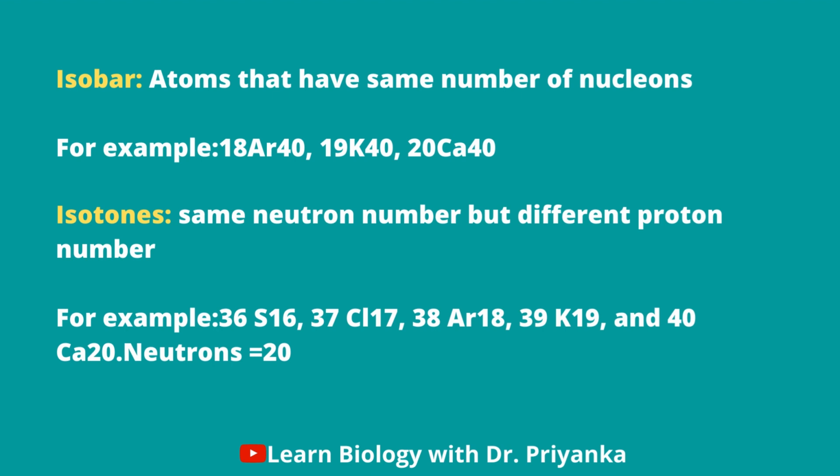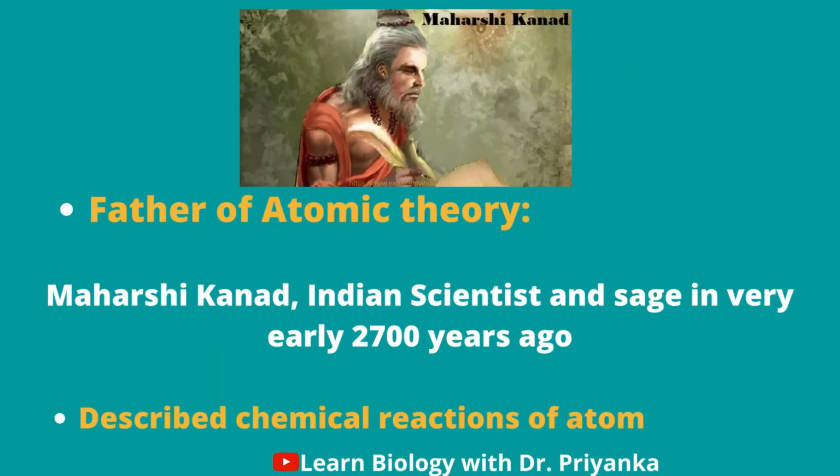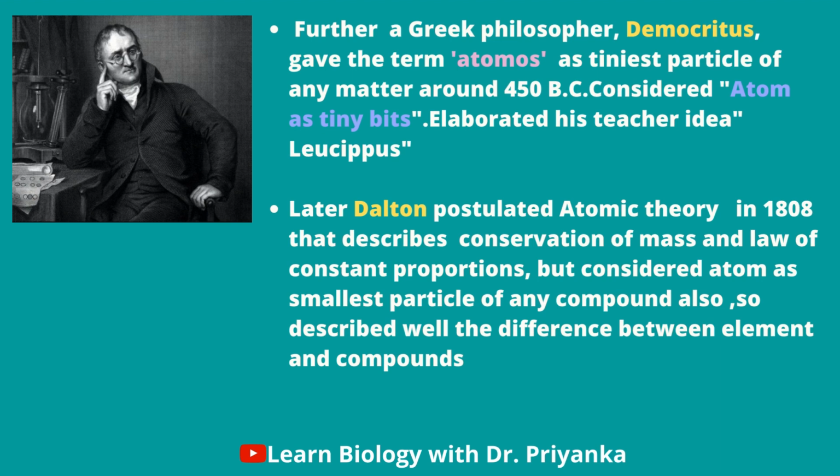Let's talk about some history regarding atomic theories. First of all, atomic theory was postulated by Indian scientist Maharshi Kannan nearly 2700 years ago, and they described chemical reactions of atoms. Further, Greek philosopher Democritus gave the term atomos, the tiniest particle of any matter, around 454 BC.